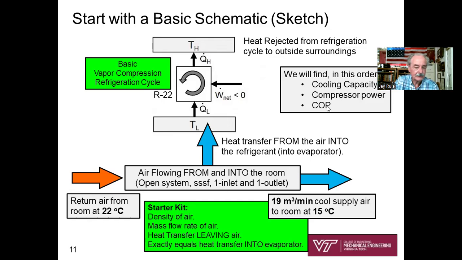And last, the coefficient of performance, COP, or beta. That's incredibly easy. That's the energy sought over the energy that costs. Energy sought is the cooling capacity. Energy that costs us is the electric power to run the compressor. So we'll get COP in a snap. Okay, so that's our roadmap.